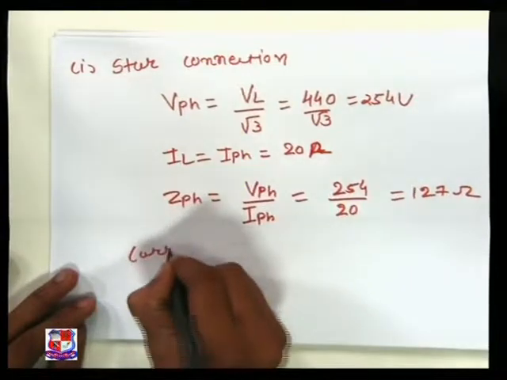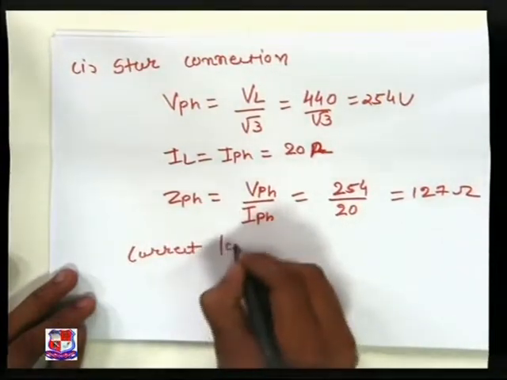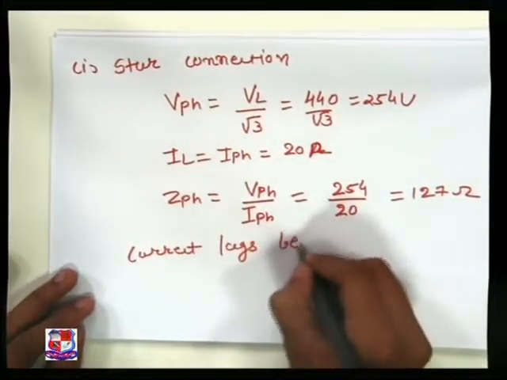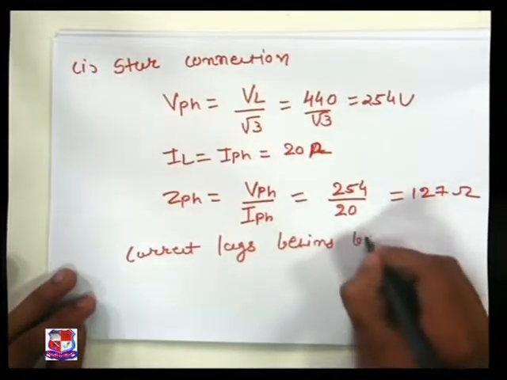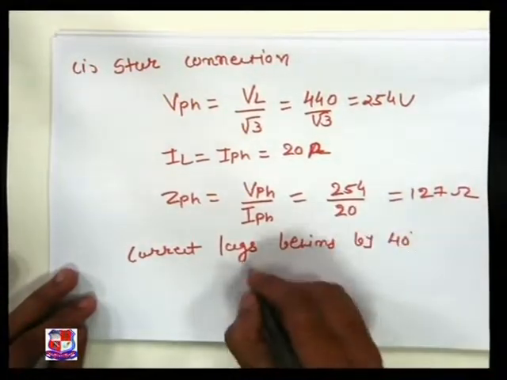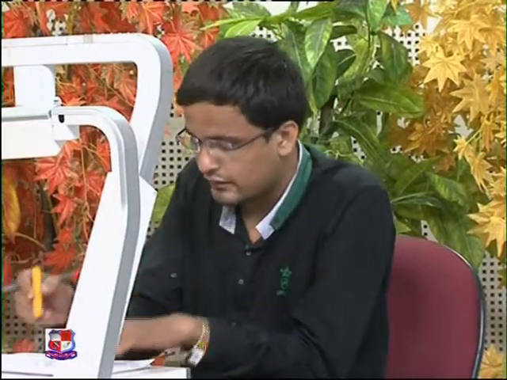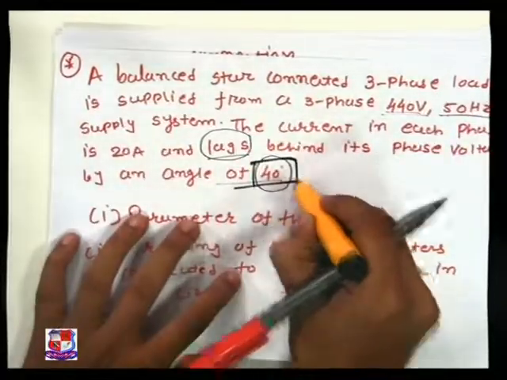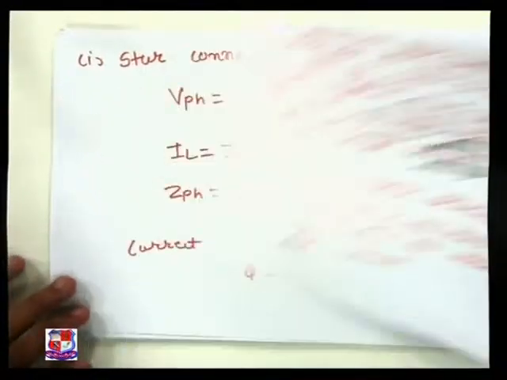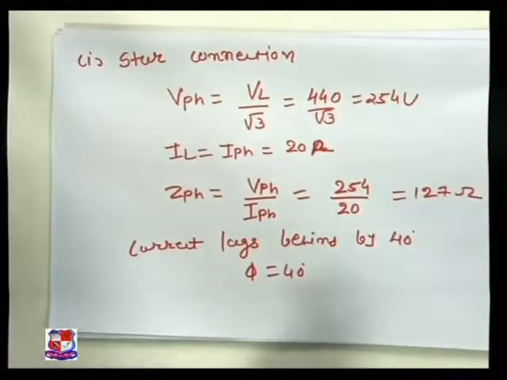Then the current lags behind by 40 degrees, as given in our example. So phi is equal to 40.